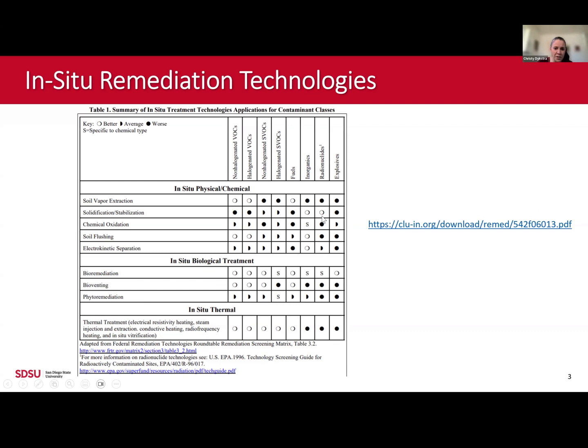This tells me that it's a better technology, so solidification and stabilization might be an option there. We have an average option, which would be the electrokinetic separation, and then bioremediation depends on the type of radionuclide that we're talking about. And the rest of these are not such good options. So that would limit us when we're discussing what treatment options we have available.